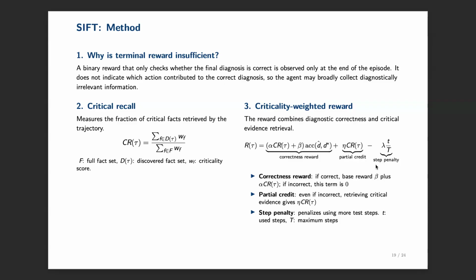Third, there is a step penalty, so the model is discouraged from using too many steps. This kind of reward design teaches the model that diagnosis is not just about the final answer. It is also about gathering the right evidence.